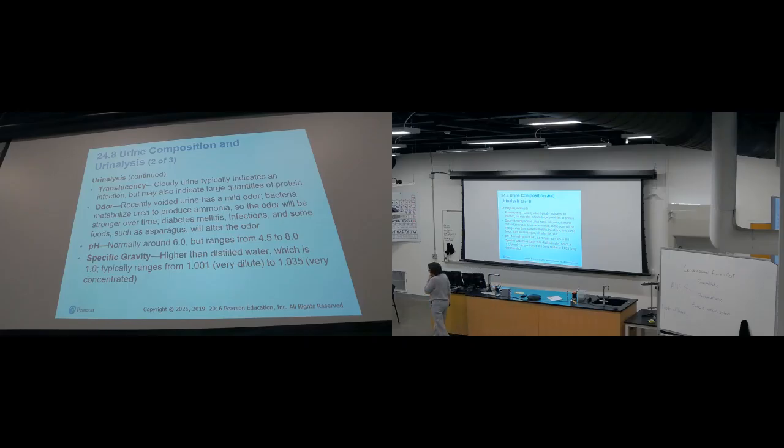Translucency. So our urine is clear, unless you have a bacterial infection, or you may have large quantities of proteins, or you may have, in this case, some fragments, like if someone has a urinary kidney stone.